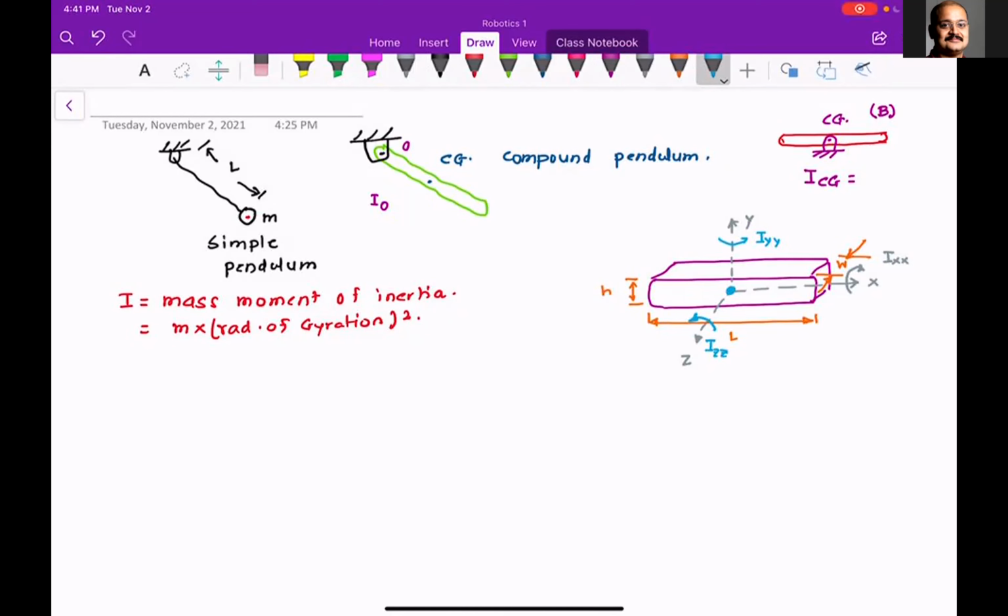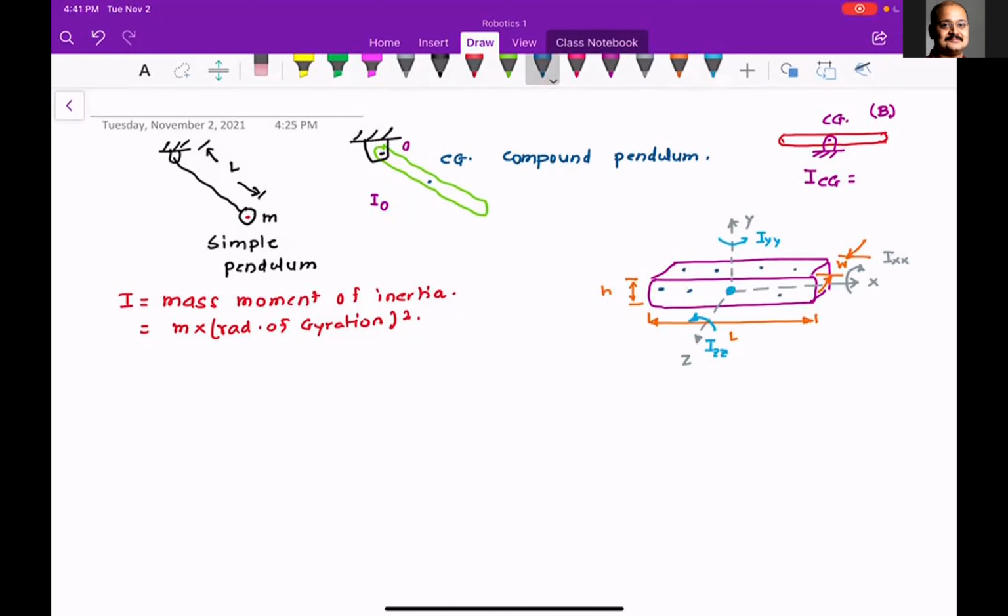Radius is nothing but the square root of the square of the horizontal distance plus the square of the vertical distance, using the Pythagorean theorem. Since this mass is distributed everywhere, you have mass here, here, and here, all these masses that are distributed.